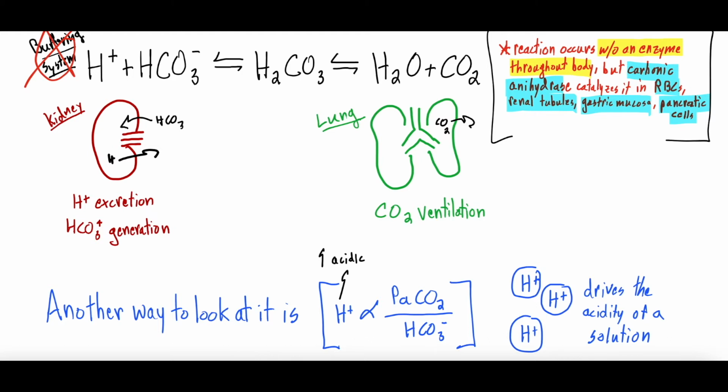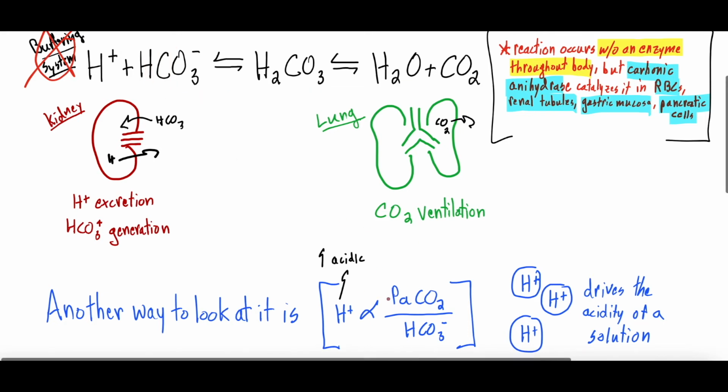So if you take the CO2 and increase it, this equation will shift this way and produce more hydrogen ions, right? Whereas if you take this solution and increase the amount of bicarbonate, it's going to combine with hydrogen, go this way, and there's going to be less hydrogen ions, so it's going to be less acidic.